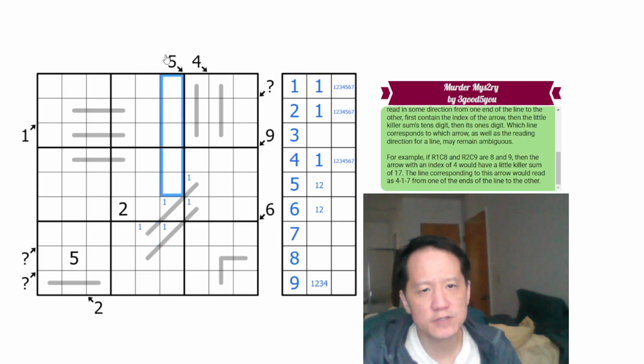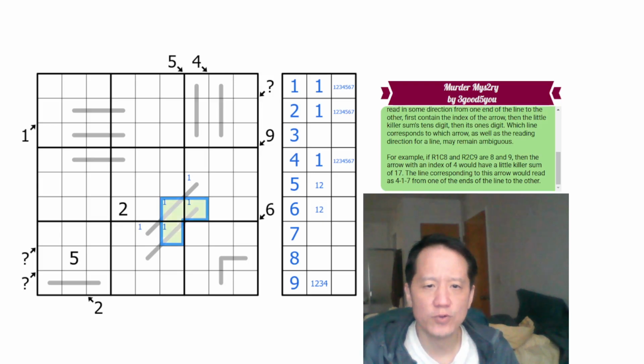Either way, this cannot be 1, and this cannot be 1, right? So the 1 has to be one of these, at least, and it could be both.